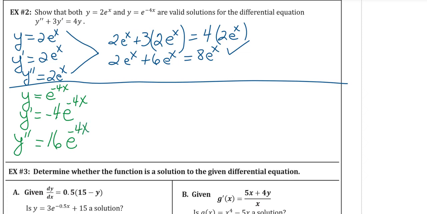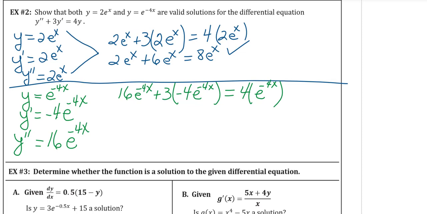So the question is, does that also satisfy our differential equation? y double prime is 16e^(-4x), and we add to that 3 times y prime, which is -4e^(-4x), and we want to know, is that equal to 4 times y, which is e^(-4x)?